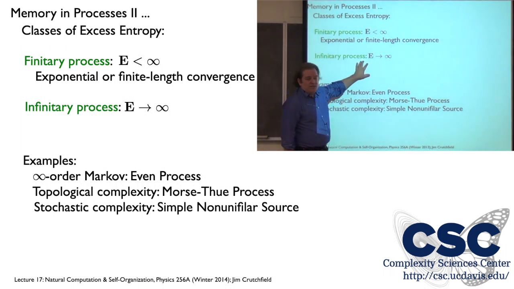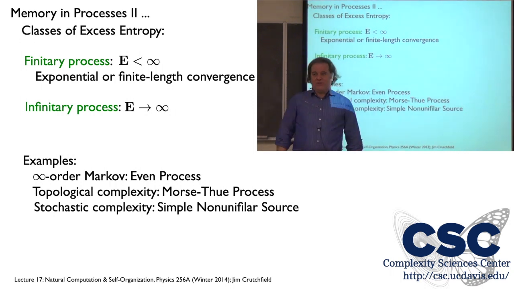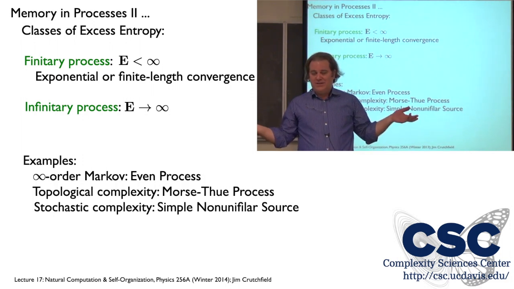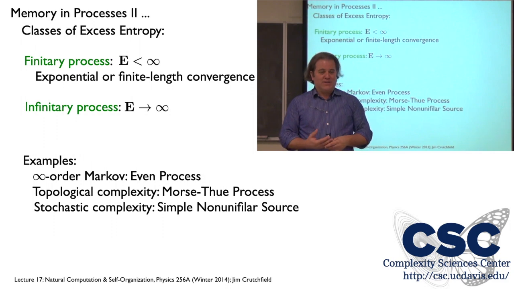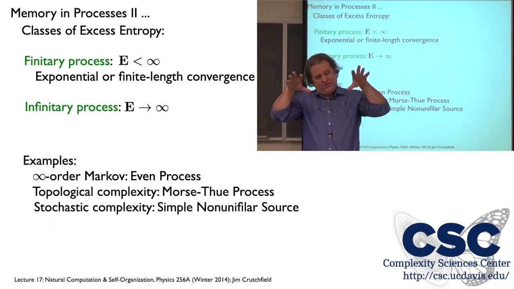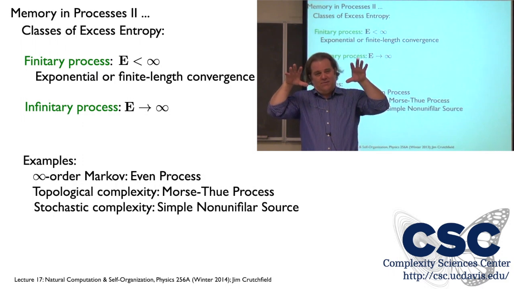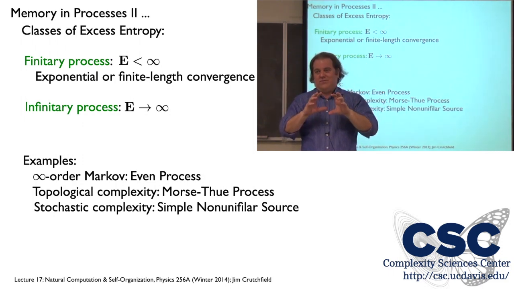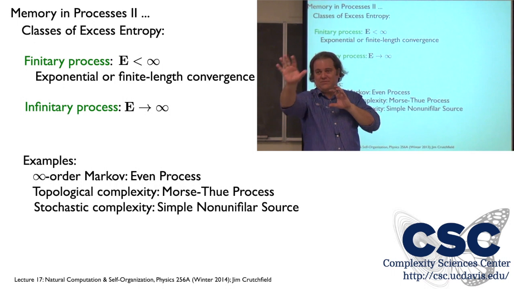But there are also lots of processes where this excess entropy diverges. That might seem a little strange. If we were looking at binary stochastic processes, you might naively think, well, it's generating a bit, so how could there ever be more than one bit of information stored in a process? That just emphasizes the framework we're taking, which is that we have an impoverished view of the internal structure.